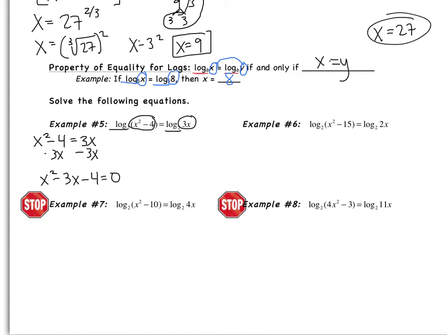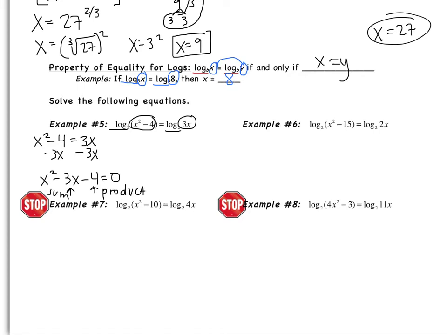Okay, I now have a quadratic. Few ways to solve a quadratic. I could do the quadratic formula, I could factor, I could do the square root method. Right now, the square root method does not apply, so I'm going to try to factor. I'm looking for two numbers whose product is negative 4, so that multiply to negative 4, and whose sum is negative 3.